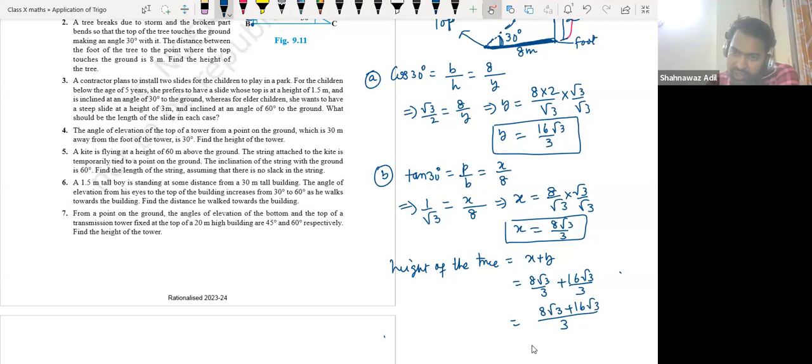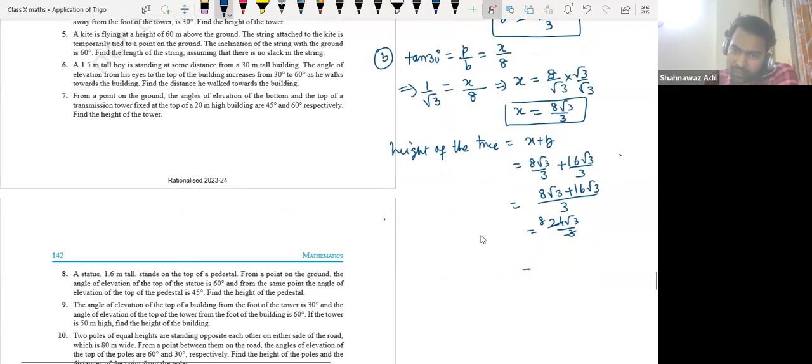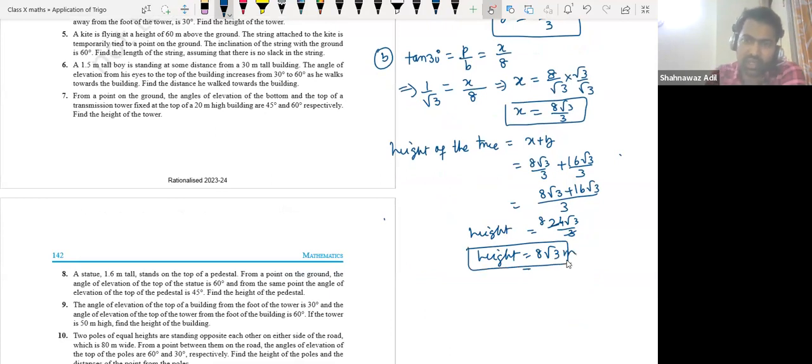So 8 root 3 plus 16 root 3 would be 24 root 3 by 3. It would be 8 root 3. So the height of the tree would be 8 root 3 meters.